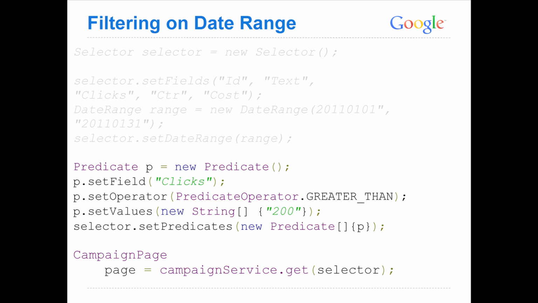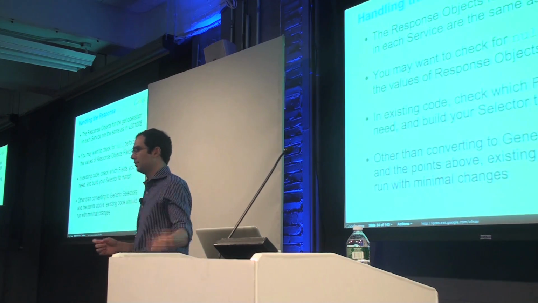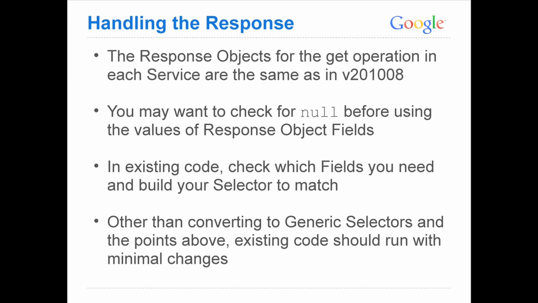The list of available predicate operators is pretty big. You can see the full list in the documentation. The response object is the same type that you got back in previous versions. If you're using generic selectors with the campaign service, you get back a campaign object. Using them for the ad group service, you get an ad group back.